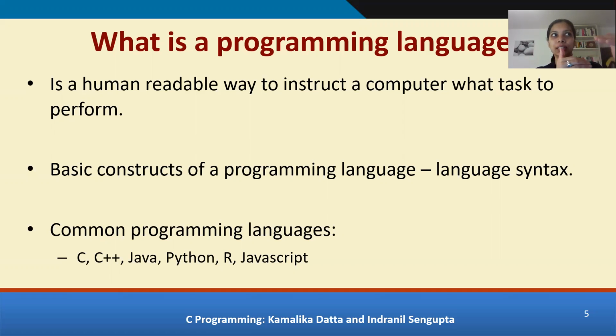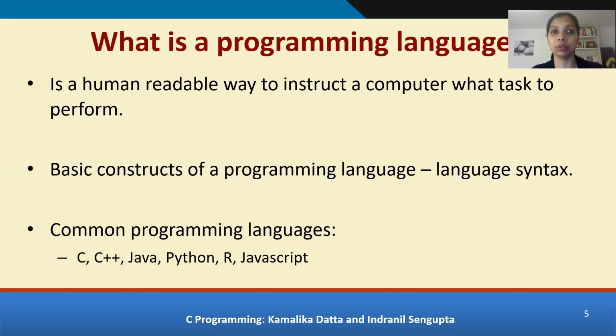And there are certain rules when you write such a program, right? There are certain basic constructs of a programming language, like the language syntax, certain variables, certain constants, certain data types, and so on and so forth.